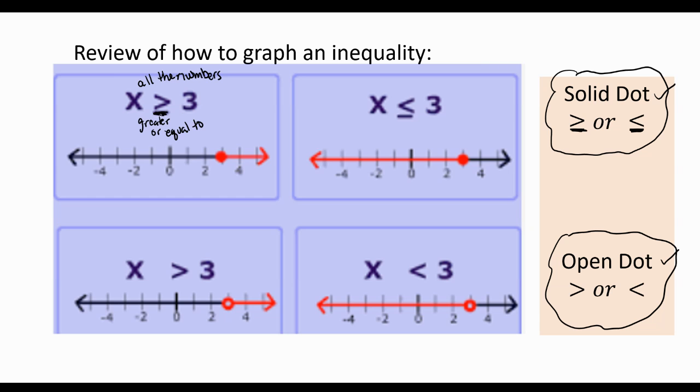That's what this extra line stands for, equal to. This would be all the numbers less than or equal to 3. All the numbers greater than or equal to 3.